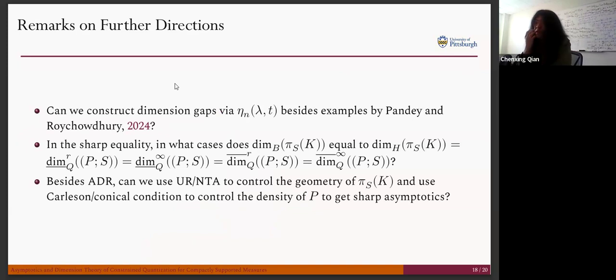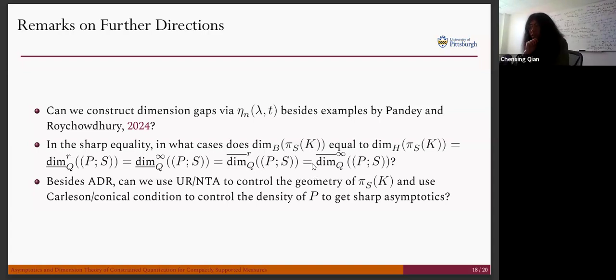The first thing is, can we construct some explicit examples which have some dimension gaps using the quantity eta n here? And secondly, can we find a strict equality in terms of the Minkowski dimension? And what are the extra conditions we need in this case?